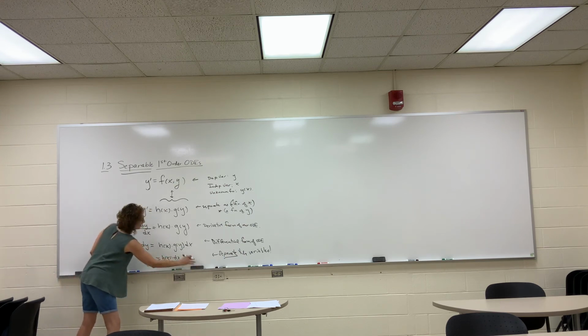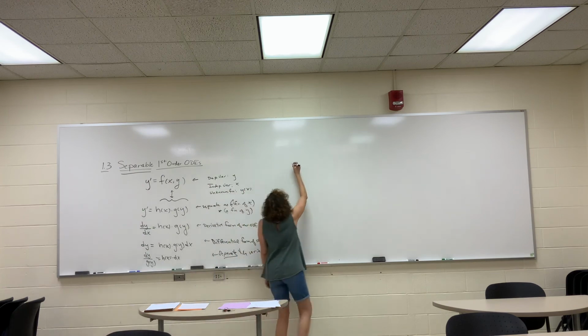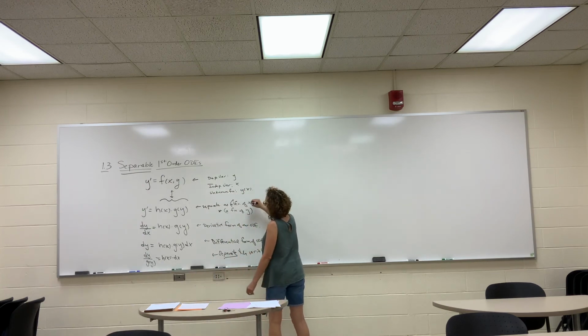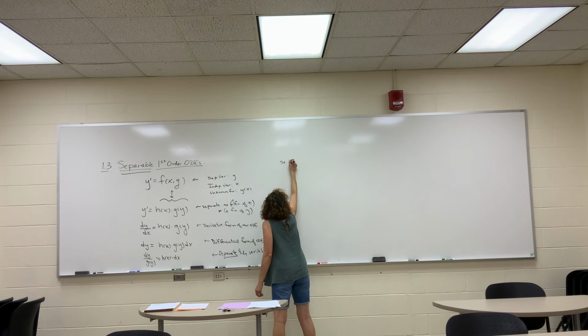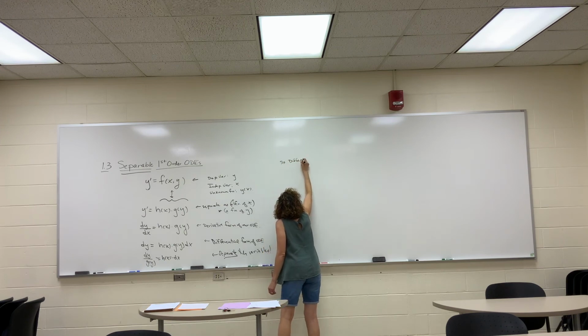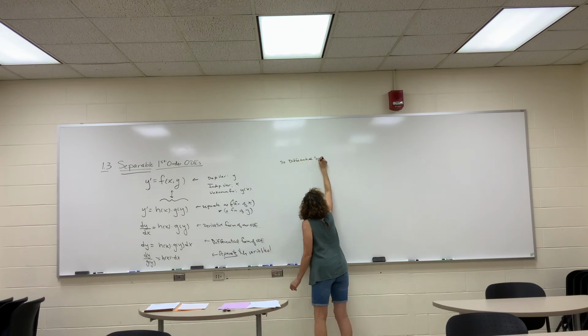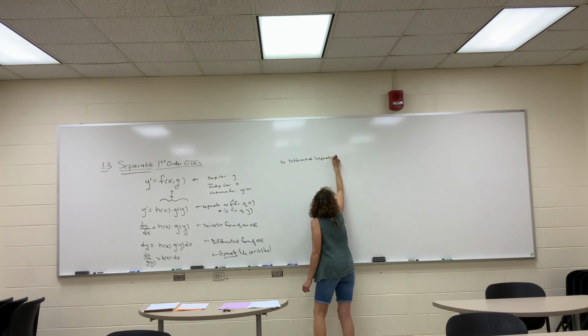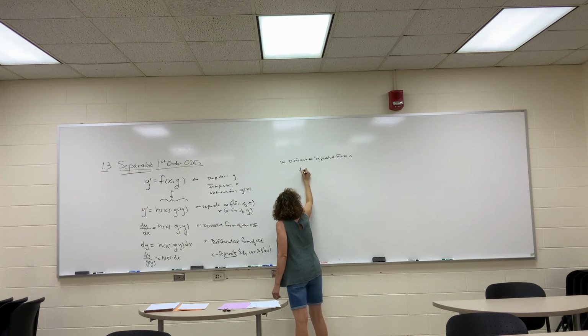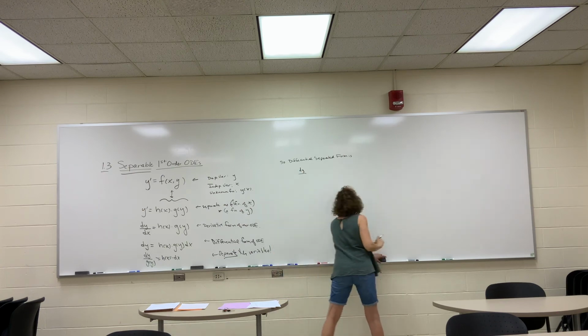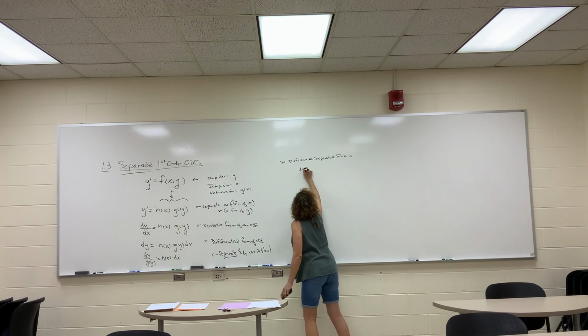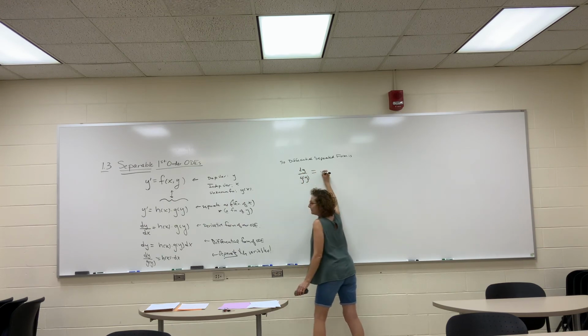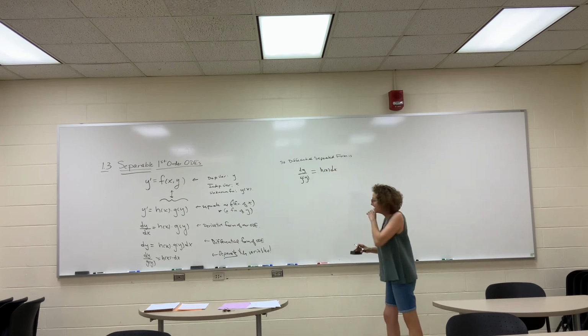Yeah, so let's write that up here. So the differential separated form is dy over g of y is equal to h of x dx, okay?